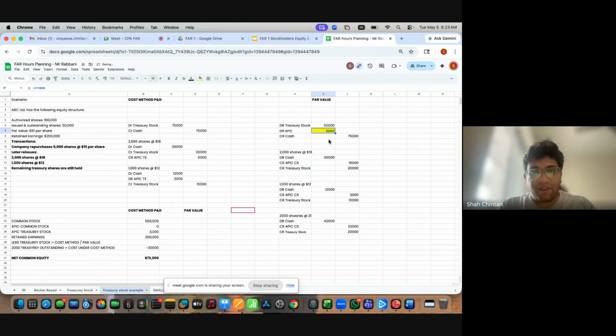And hence, for example, this particular transaction, when you are taking the shares back at $15, assuming $5 was Epic, your 25,000 Epic is already reversed out. So now technically, you have received the money from the shareholders for the $75,000. Sorry, you are paying the money of $75,000 back to your customers.